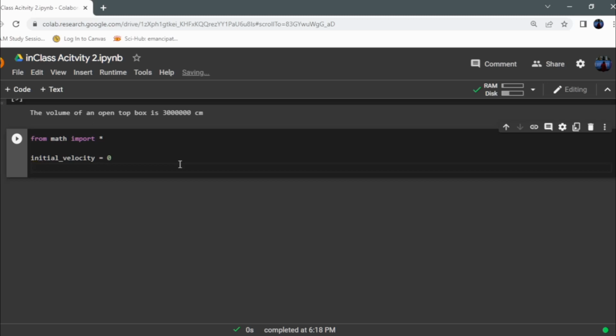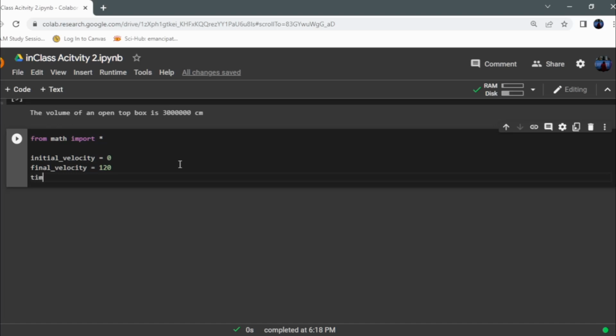Then our final velocity, it reached at top speed of 120 miles per hour, and our time is from rest to the destination. It's equal to 10 seconds.